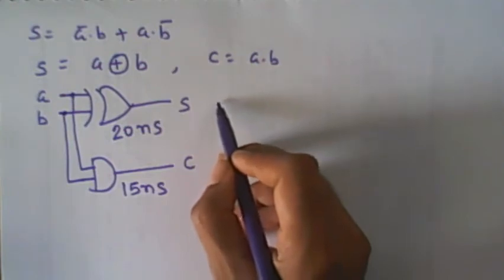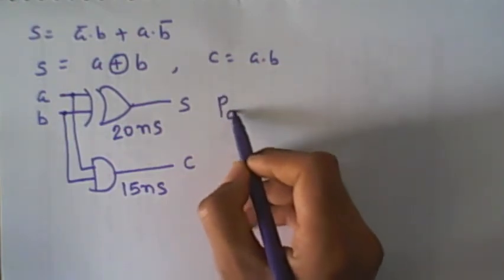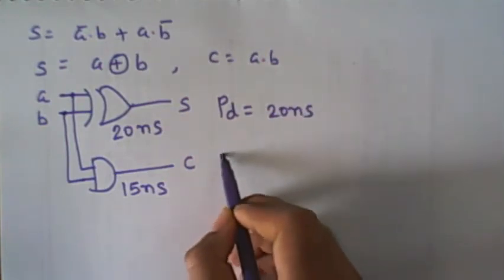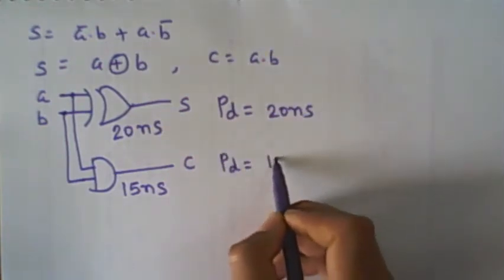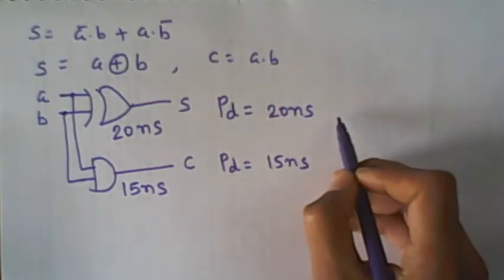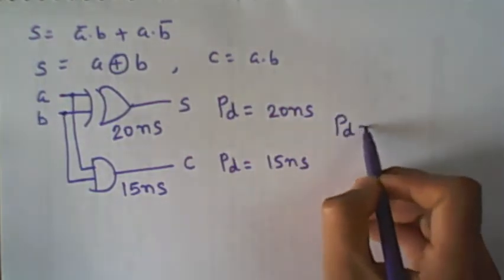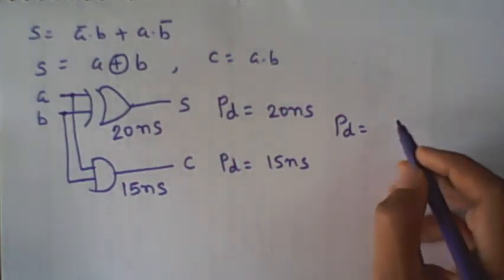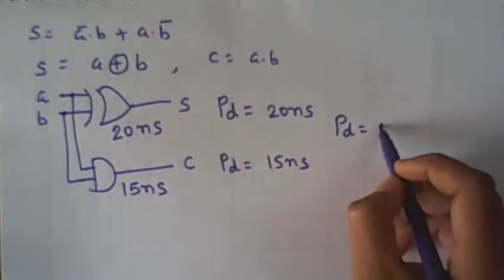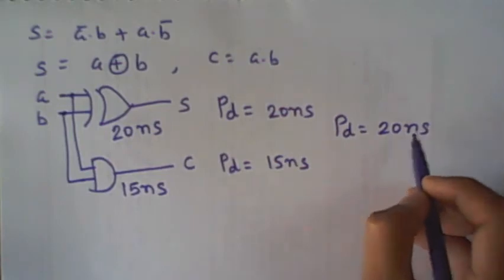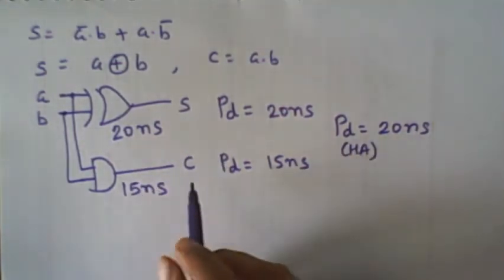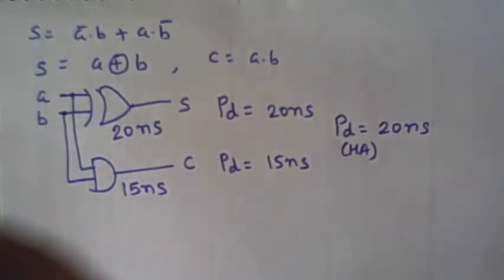So the propagation delay for the sum output bit is 20 nanoseconds, and for the carry output bit it is 15 nanoseconds. The maximum propagation delay is considered as the propagation delay of the circuit. So for this half adder topology it is 20 nanoseconds. Let me check the previous topology.